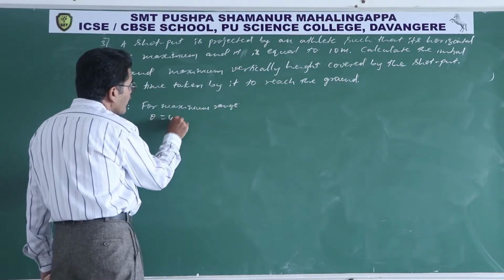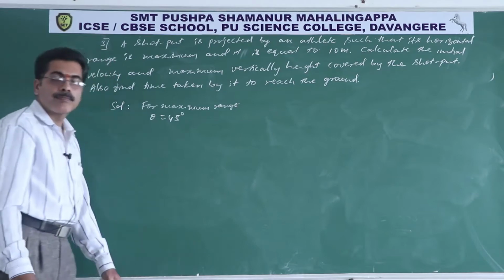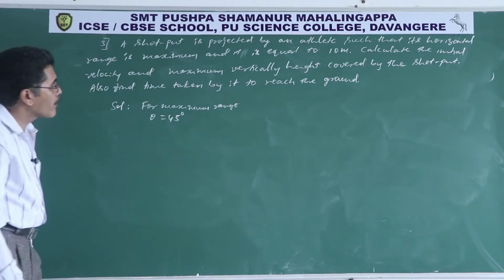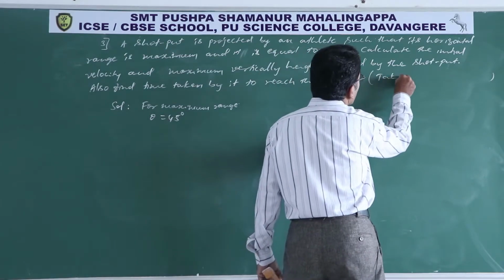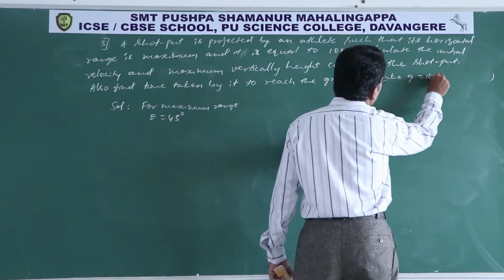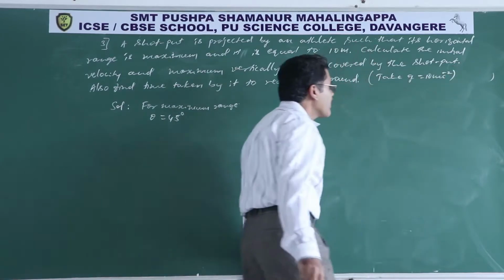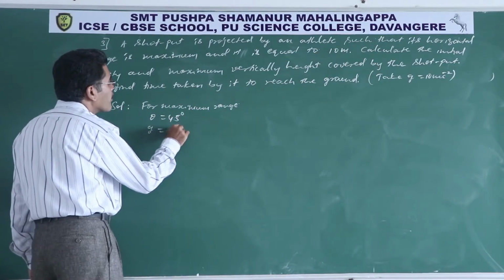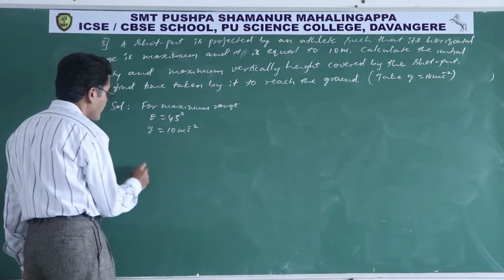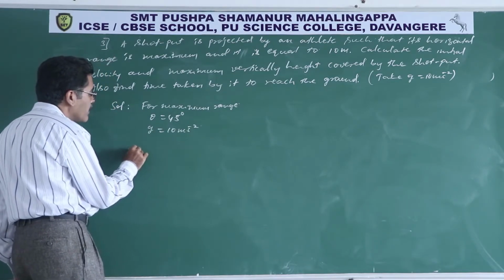That is the first thing. And here also please take g is equal to 10 meter per second square. First let us take range.